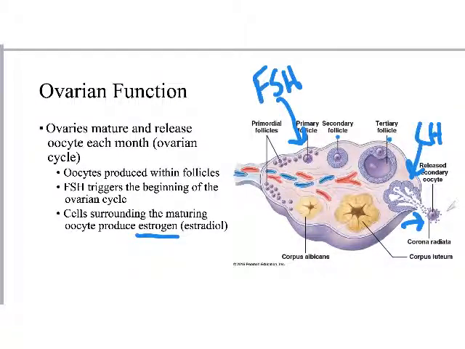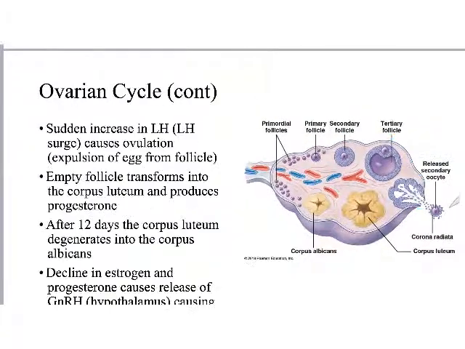We also had surrounding cells that were either helping those sperm develop or were producing testosterone, which was also aiding in the process. So similarly here, we have some cells, the follicles, that are working on producing mature oocytes, but we have other cells in the area that are producing estrogen. The primary estrogen is estradiol, so you'll sometimes see it called that.